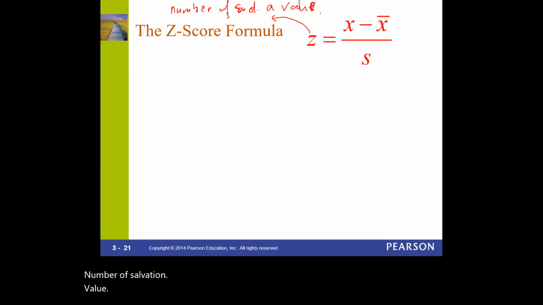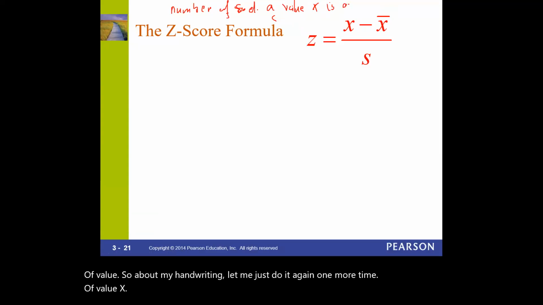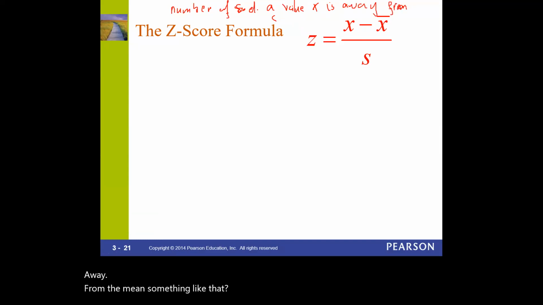Sorry about my handwriting. Let me just do it again one more time. A value x is so many standard deviations away from the mean, from x bar.